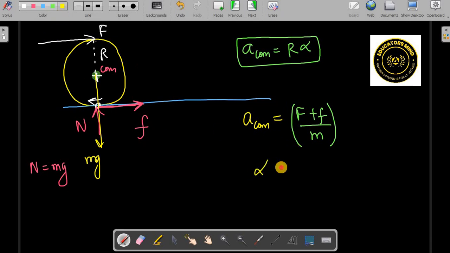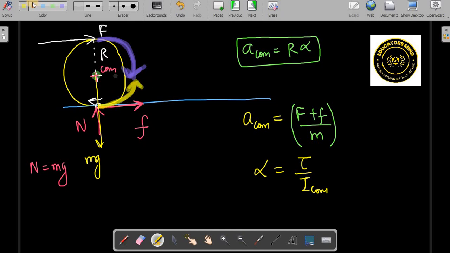What about angular acceleration? Angular acceleration is net torque by I center of mass, right? How do you calculate net torque? We have to consider the torque due to the applied force F in this direction, and the torque due to this friction, which is in the opposite direction.